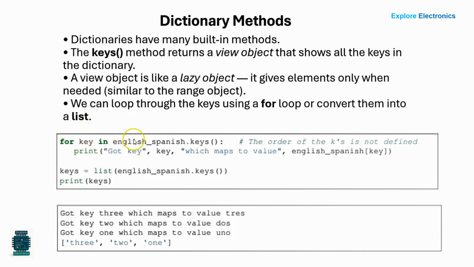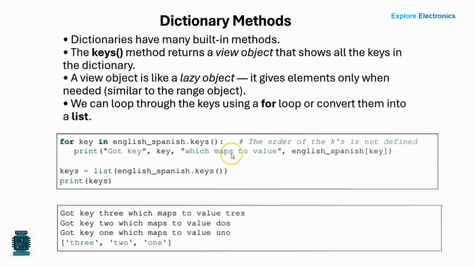For key in english_spanish.keys(), I am using the keys method here along with the for loop, because it will loop through each key in the dictionary. After that, print got key. If you observe the double quotation, got key, whatever keys I have in the dictionary, it will print that key one by one, which maps to a value.